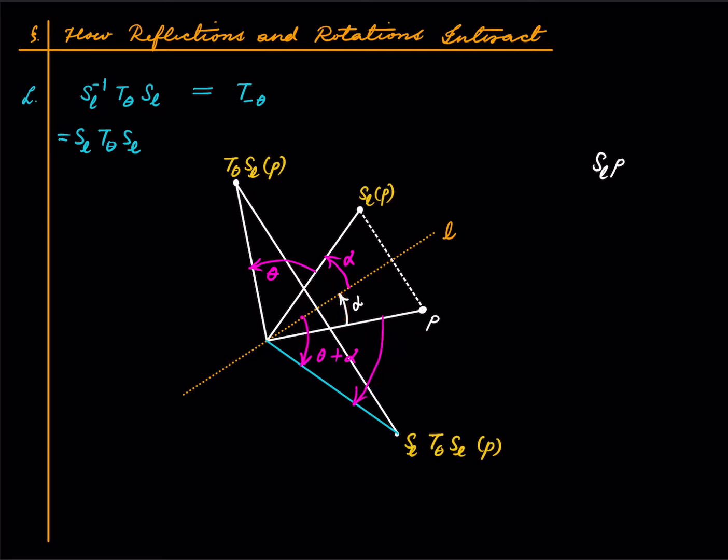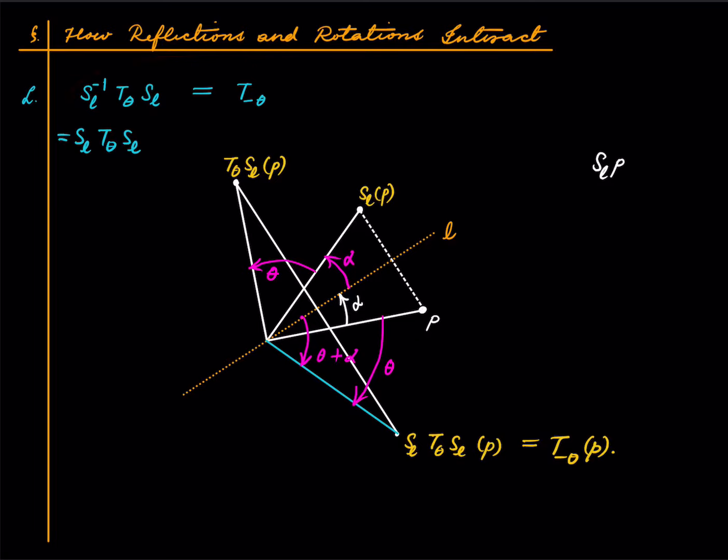So this is theta. And so basically the point P gets rotated in the clockwise direction by theta, and hence the resultant effect is nothing but T_minus theta of P. So that's the proof of it.